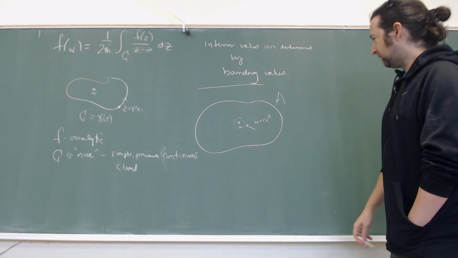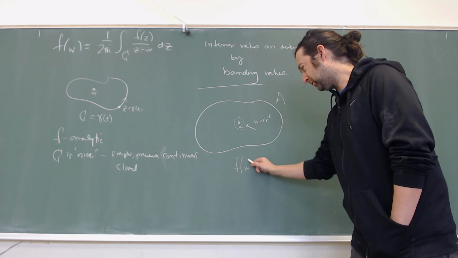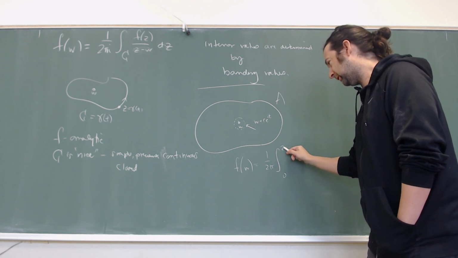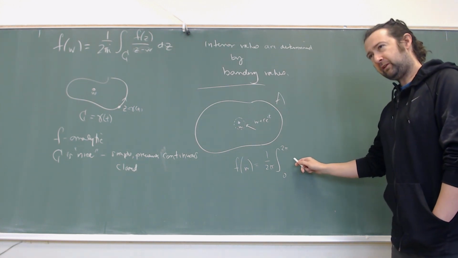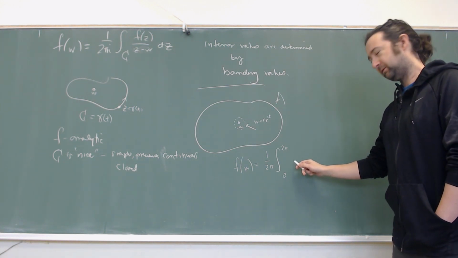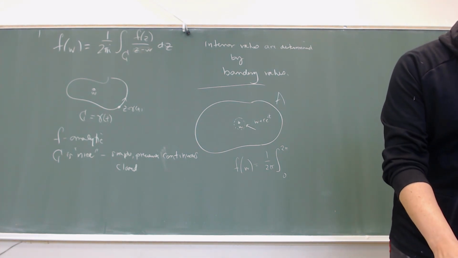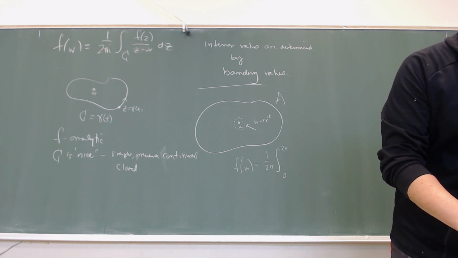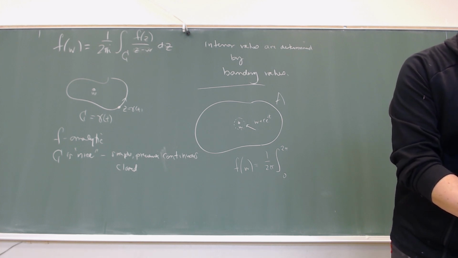So let's see if I remember how to write this down. f at w is equal to 1 over 2 pi times the integral from 0 to 2 pi of f evaluated at... Should I Google it? I could just look it up. It's more fun to sit here and try to guess what it was from memory, but that's probably not so amusing for you guys. So I feel like it's very similar. All you're doing is taking that and restricting it, just doing a path integral around this.